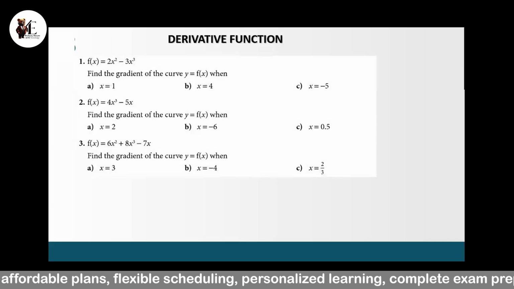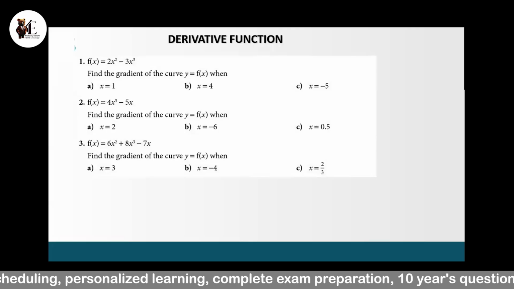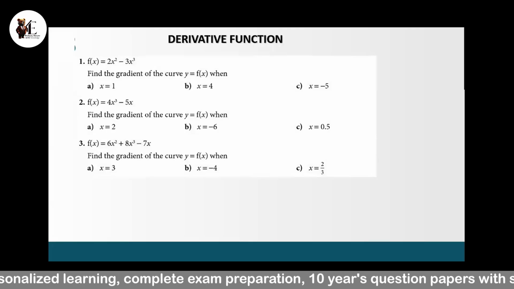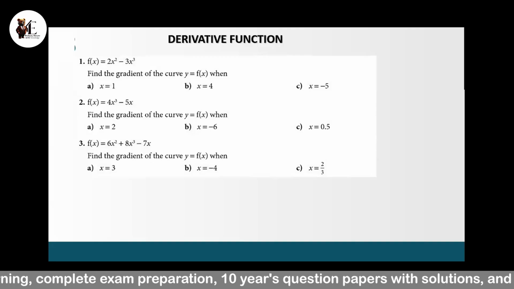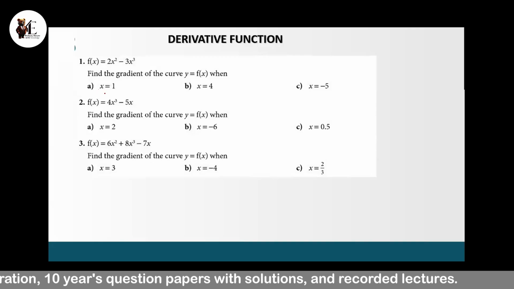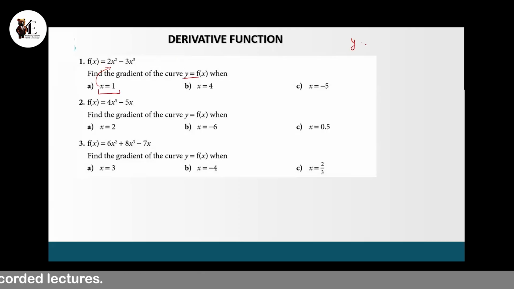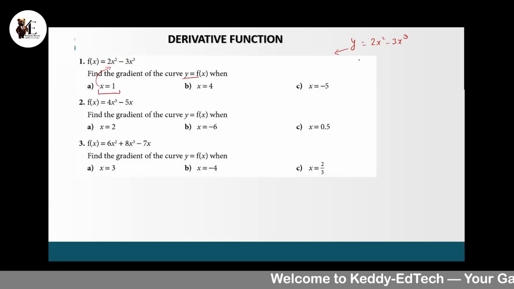Okay. So now f(x) is equal to 2x squared minus 3x cubed. They will not say to do the differentiation. The question will be: find the gradient of the curve when x is equal to 1. It doesn't mean that you simply substitute x equals 1, because y is f(x), which is 2x squared minus 3x cubed. Gradient is not y, gradient is dy over dx.